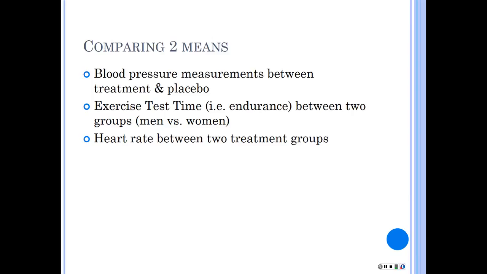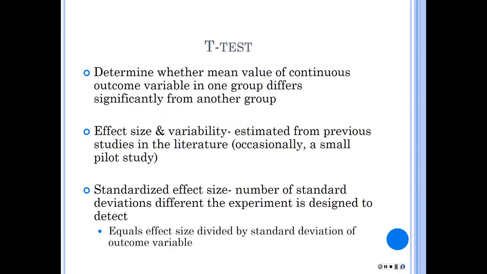Those are all examples of continuous data where you're comparing the means between the two groups. So in this case, a t-test would be appropriate. A t-test is when we're determining whether the mean value of the continuous outcome variable in one group differs significantly from another group.